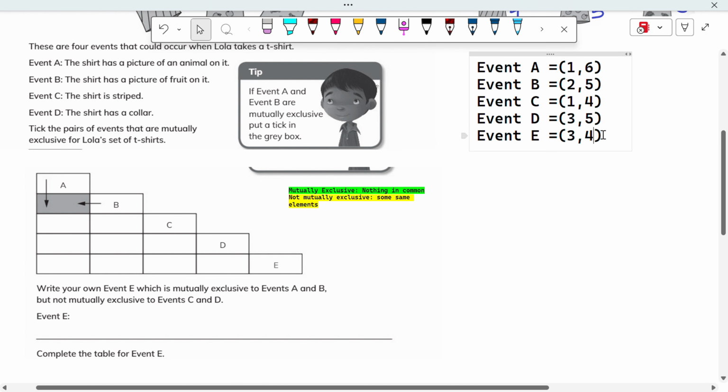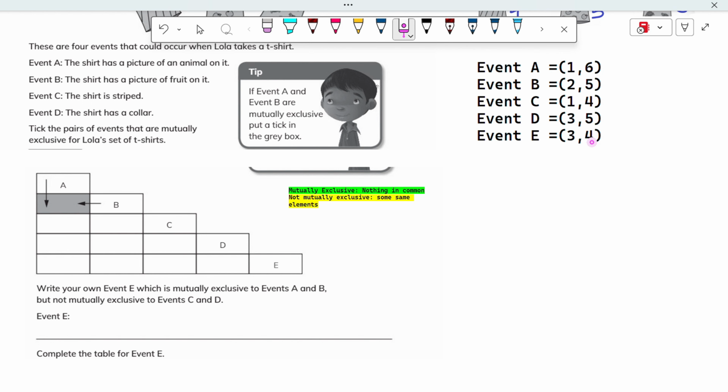Now let's continue with the part where it says not mutually exclusive to events C and D. Not mutually exclusive means some same elements. That means that for event E, we should find something in E that is in C and also in D. So if we look at it, you see that for C, there is 4 here.